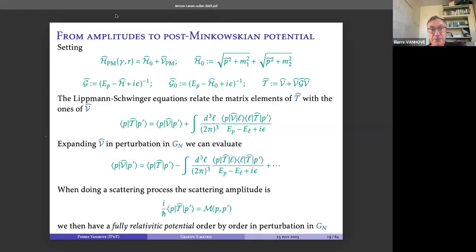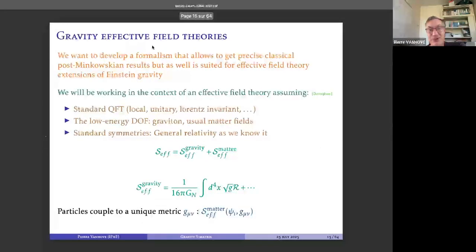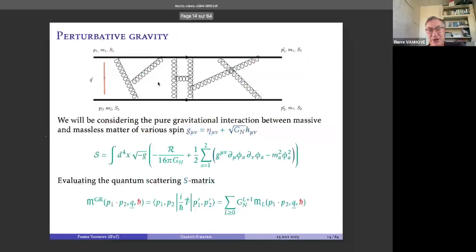Of course the scalar field here couples to the metric g mu nu, and the inverse g mu nu couples to h mu nu. The guy that propagates is h mu nu, the metric fluctuation.